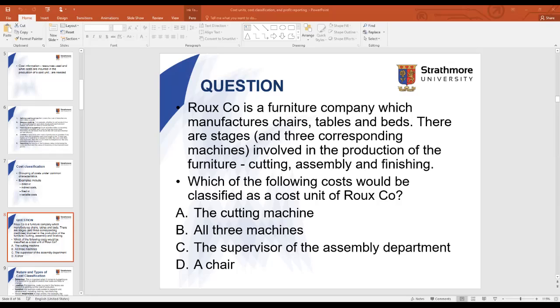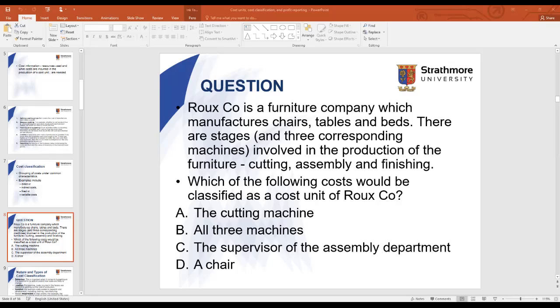Unless that is your main business, with people coming with their timber for cutting, others for assembly, others for finishing, and you charge them, there's no way those three can be a cost unit. But this company is manufacturing chairs, tables, and beds.